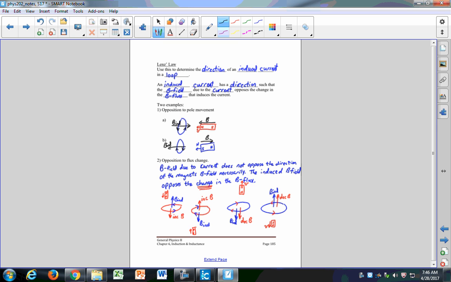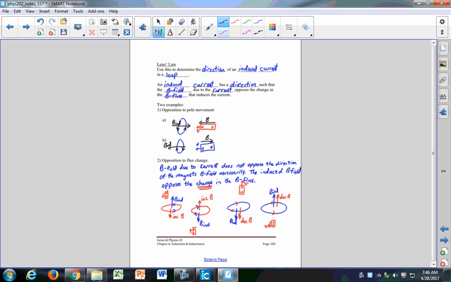Okay, so my induced magnetic field will be opposite because it always sort of wants to keep the status quo. I mean, it doesn't want anything, but physically it will always oppose the change of the magnetic field. It will always try to keep that magnetic field the same, and so it generates a magnetic field that's opposite the increasing magnetic field.